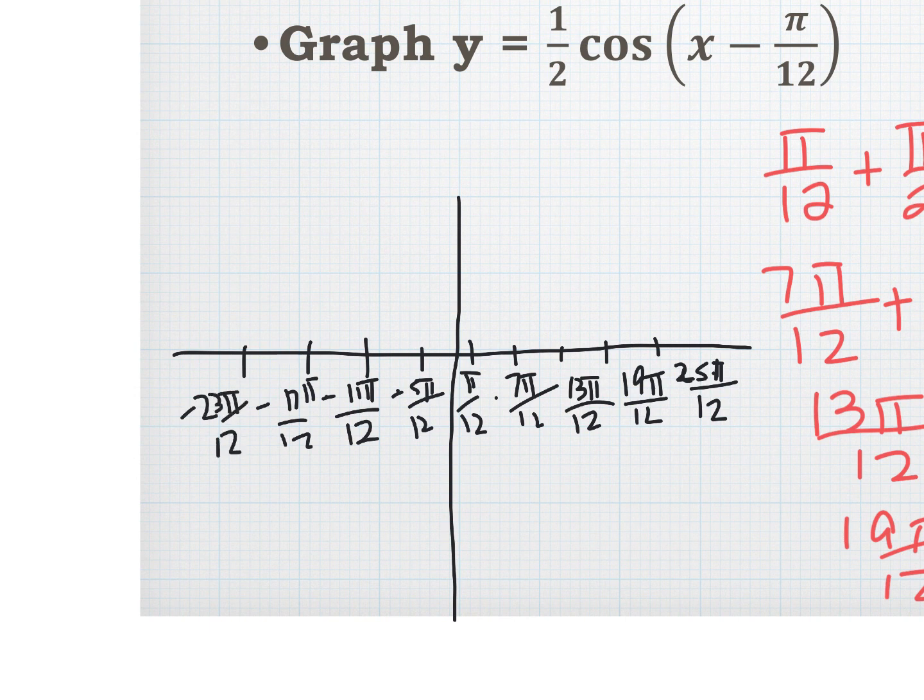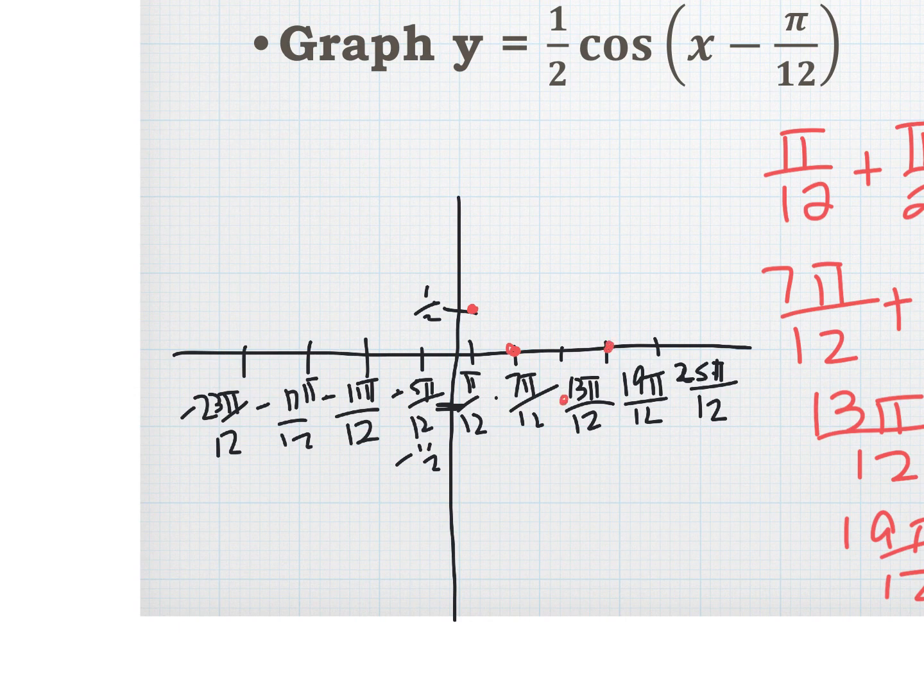This had an amplitude of 1/2, so I could just say 1/2 is here, and then negative 1/2 right here. I'm shifting it to the right. The cosine graph usually starts at 1, but it's going to start at that amplitude. So my first point will go right here. And then from there, at the next point, it goes down to the axis. Then it goes below the axis.